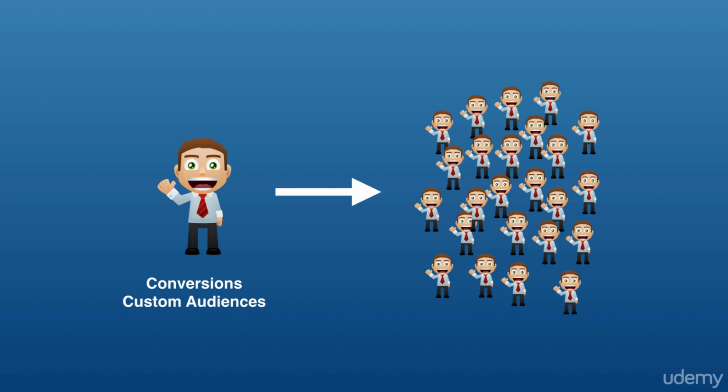If you want, you can reach out to them. Then you just create an ad, serve that ad to them, and send these people to your squeeze page. That's a great way to build up a list. So lookalike audiences are great. That's the basic concept, and in the next video, I will show you how to set up a lookalike audience inside Facebook.